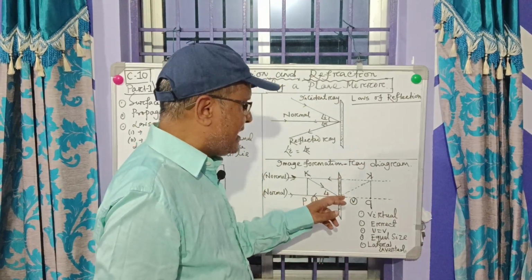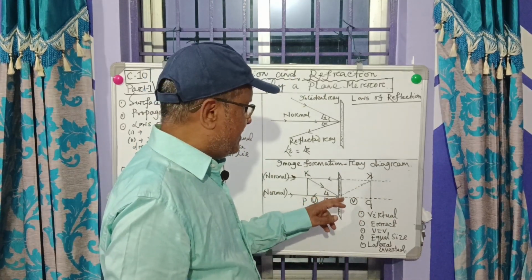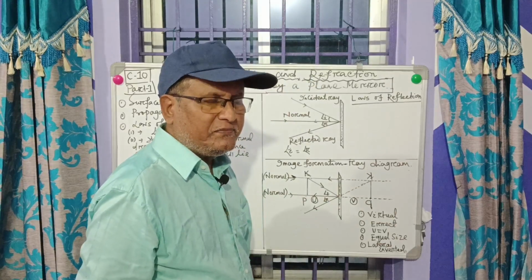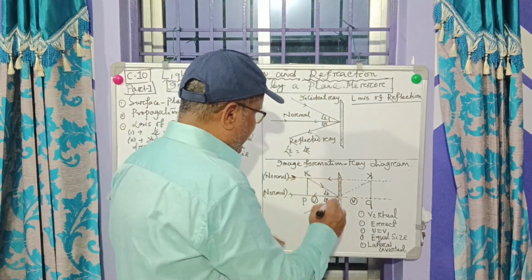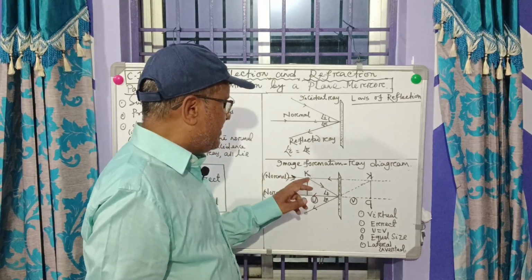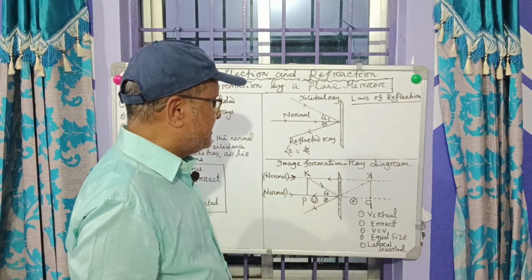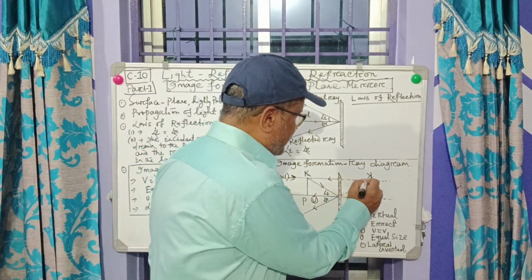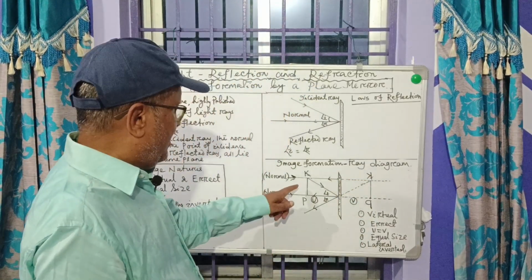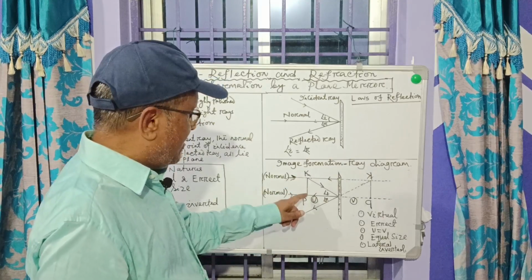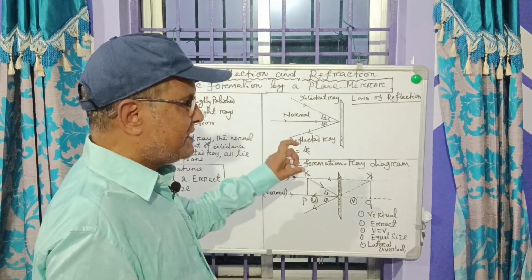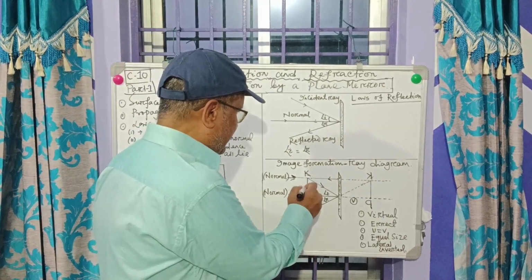This is not the actual but the virtual path behind the mirror. Similarly, we have drawn another normal to this point, and that is the virtual path. The object PK is placed on the two normals. This is the base and this is the head.